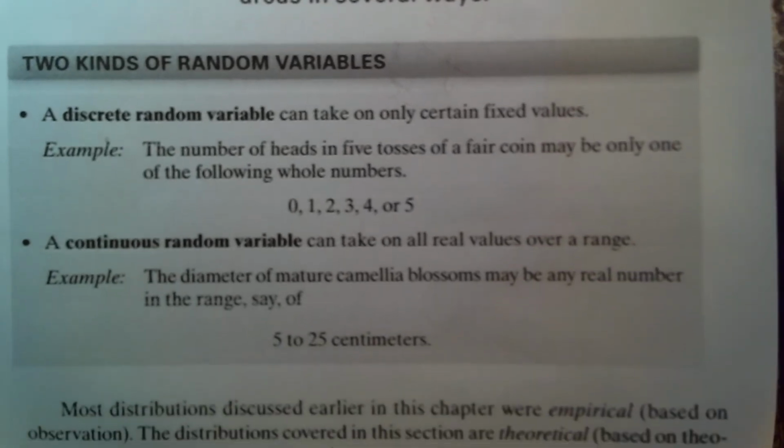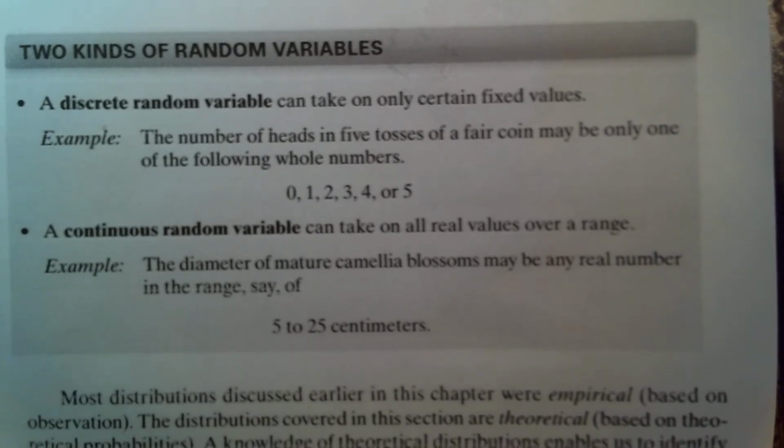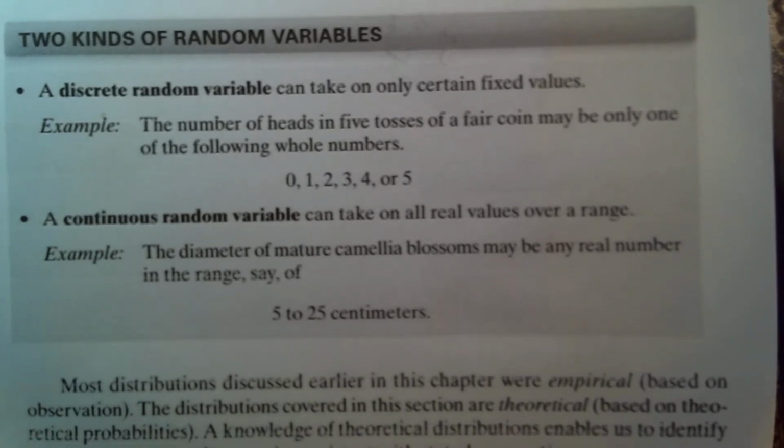Now, it turns out that most random variables discussed earlier in this chapter were empirical, or based on experience or observation. The distributions covered in this section are theoretical, based on theoretical probabilities.